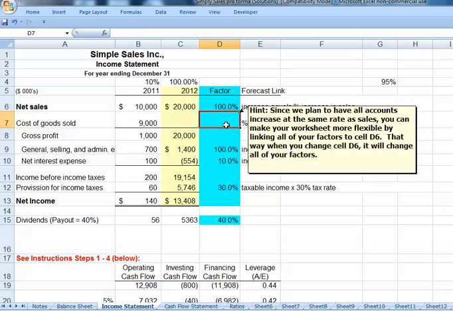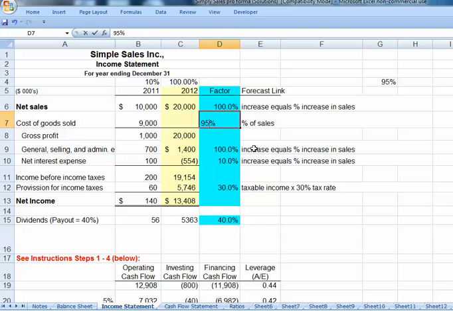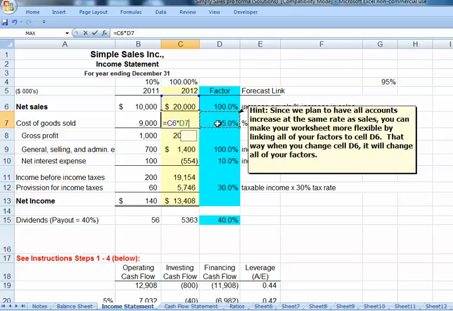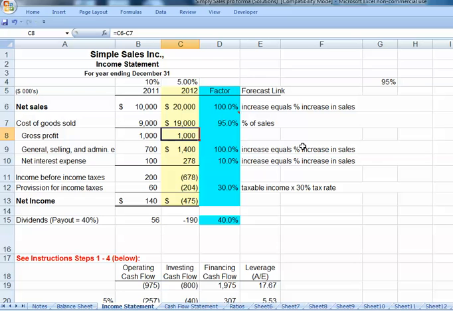So for our factor, we want it to be 95% of sales. So 95% is our factor. And for our formula, we'll simply take sales and multiply that by 95%. Now we have a pro forma that gives us a cost of goods sold of 95% of sales and a gross profit margin of exactly 5%.